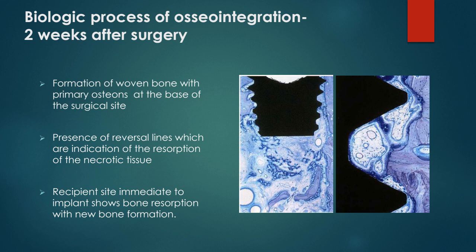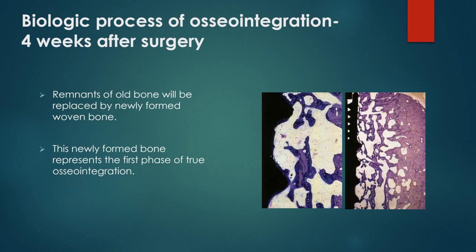At 4 weeks, the old bone is completely replaced with woven bone around the implant, so we can see the bone marrow spaces. It's highly vascular, and this phase is the first phase of true osseointegration.